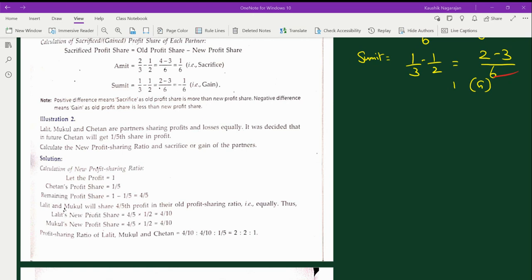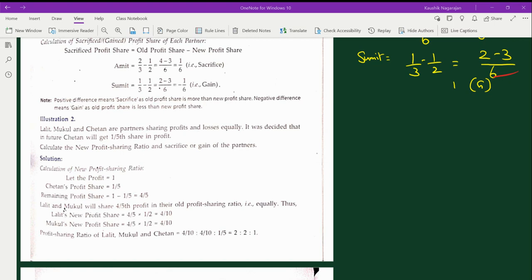Today we will understand a few more problems under the determination of new ratio, sacrificing ratio as well as gaining ratio. So let's get started.